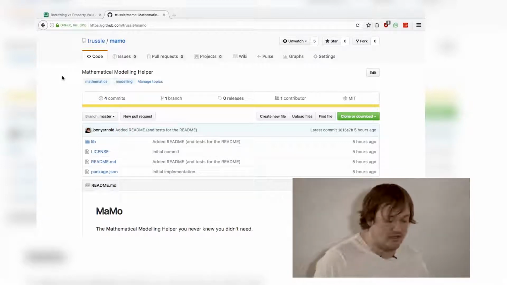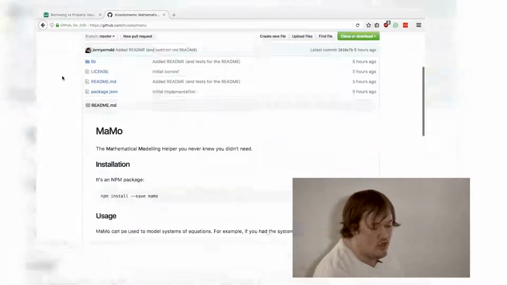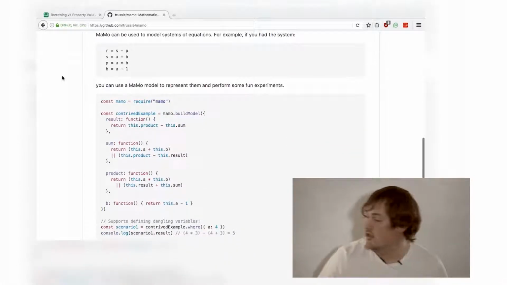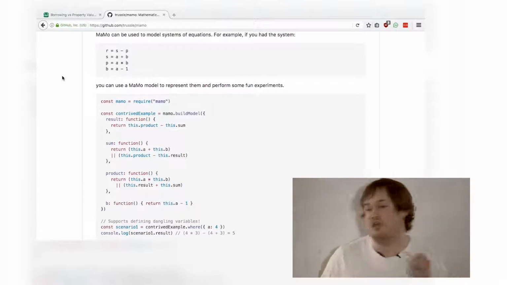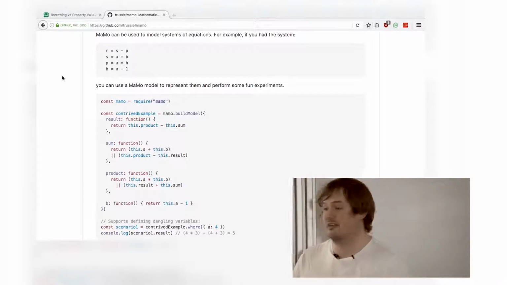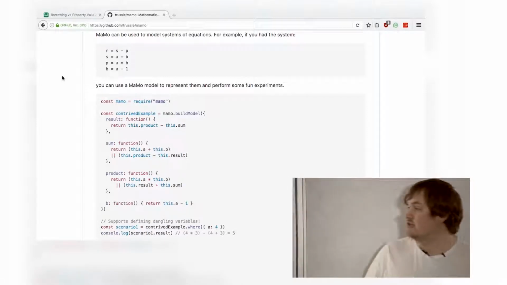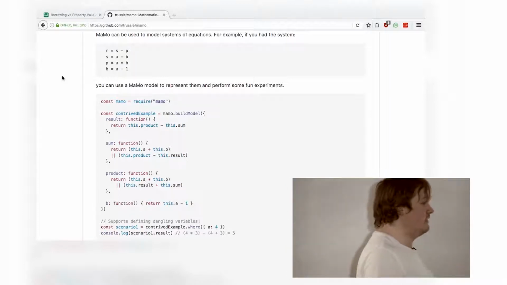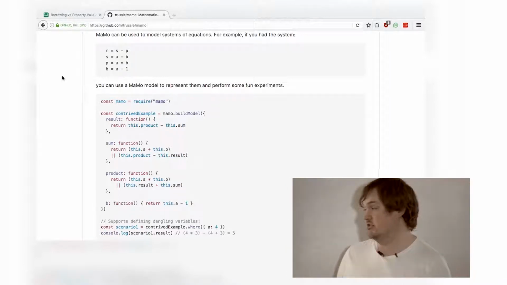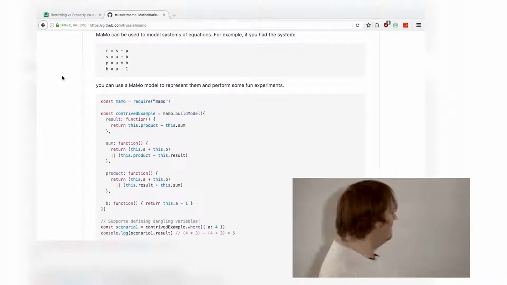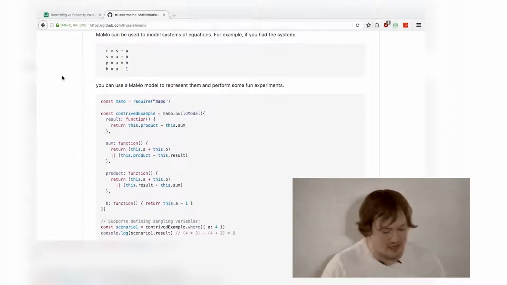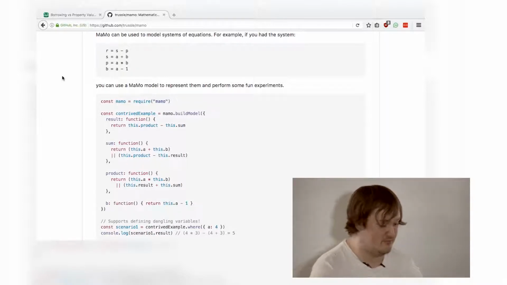This is a mathematical modeling helper which allows you to define a mathematical model in terms of JavaScript functions and constants, and then just give it your inputs and ask for your outputs. And it will try and figure out, based on what you've told it, how to work out that equation. It's very early stages, as I say, 5 hours old. So be nice to it, or contribute. That would be even nicer.